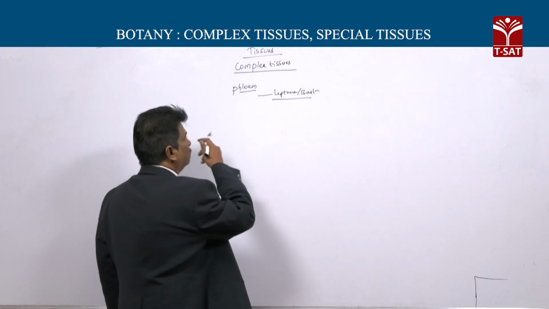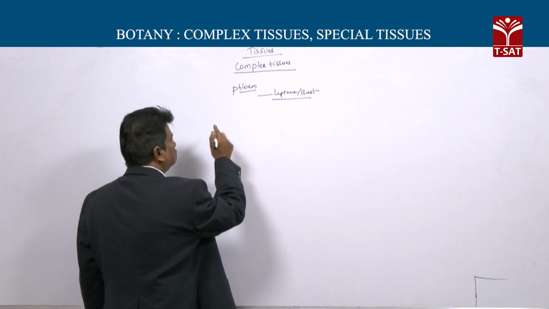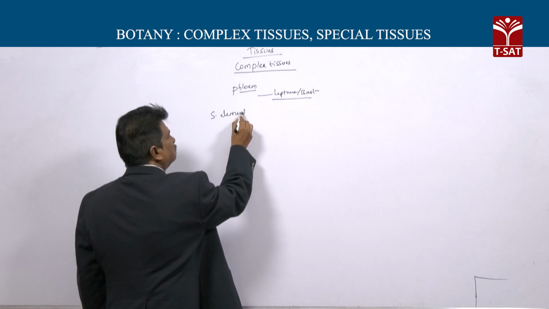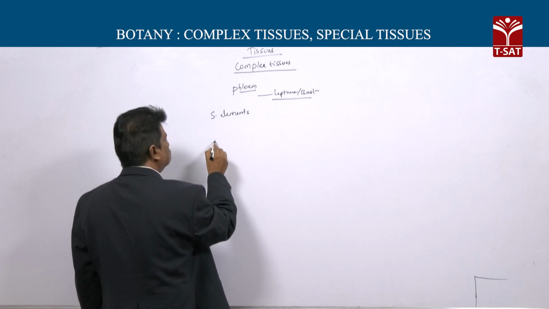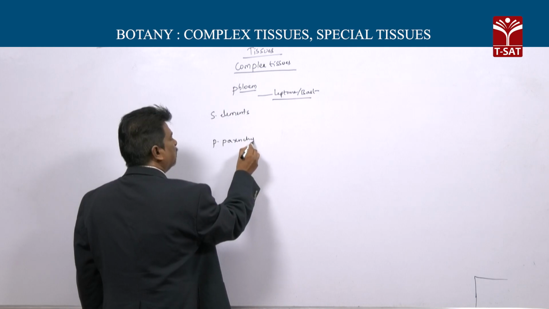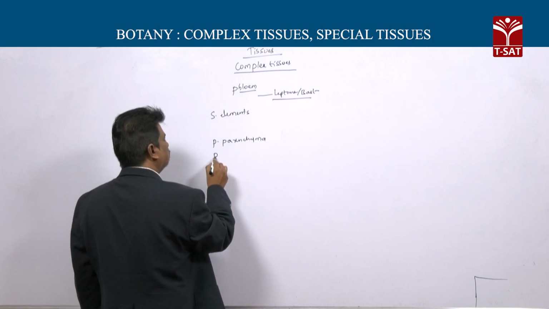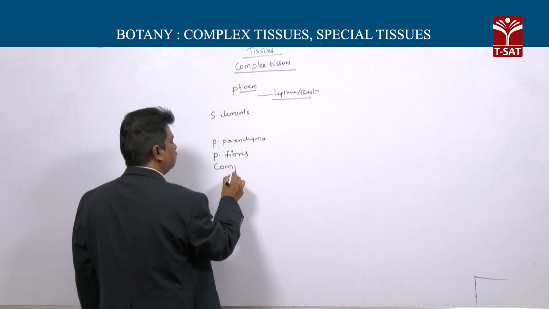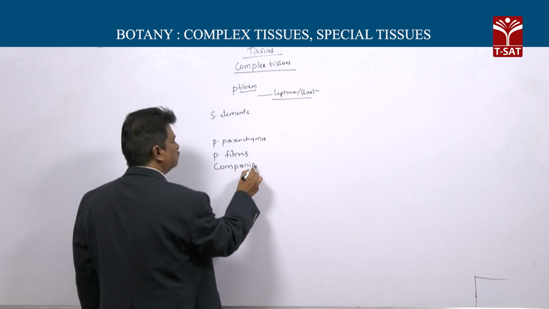Then parts of phloem: generally phloem shows sieve elements, then phloem parenchyma, phloem fibers, and companion cells.